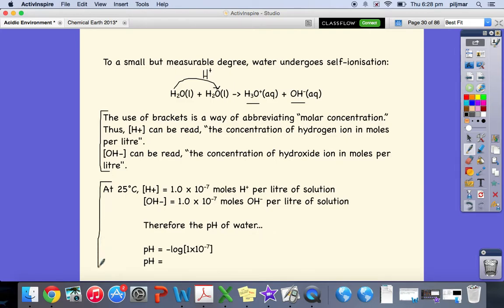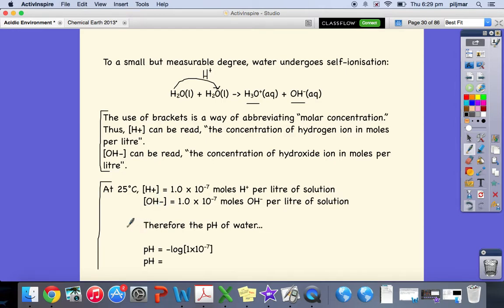If we look at standard laboratory conditions, at 25 degrees Celsius, there are 1.0 times 10 to the power of negative 7 moles of hydrogen ions per liter of solution. There are also 1 times 10 to the power of negative 7 moles of hydroxide ions per liter. There aren't that many of them, but there are that many moles in every liter of water.